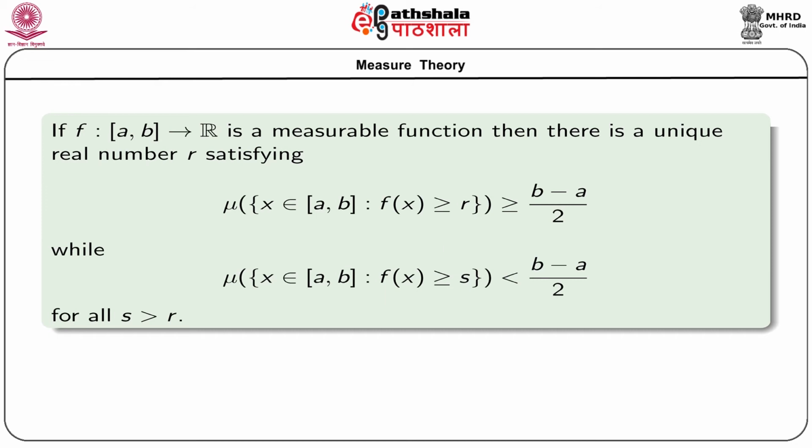If f: [a, b] → R is a measurable function, then we are going to show that there is a unique real number r satisfying this property: the measure of the collection of all x belonging to [a, b] where f(x) ≥ r is greater than or equal to (b − a)/2, while the measure of the collection of all x belonging to [a, b] where f(x) ≥ s, where s is greater than r, is less than (b − a)/2.